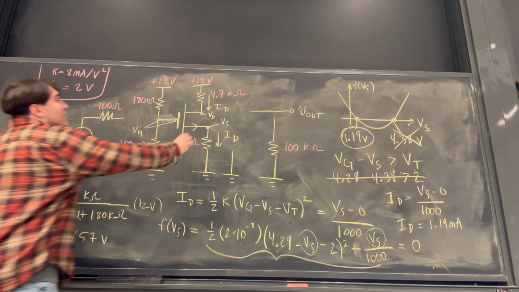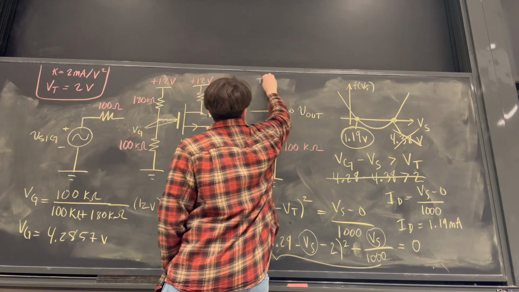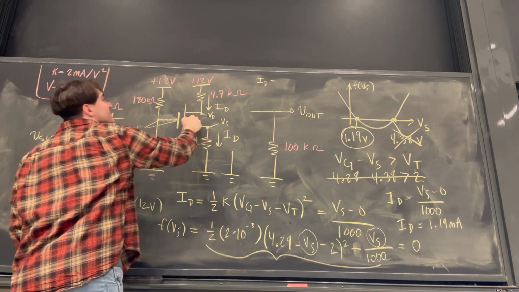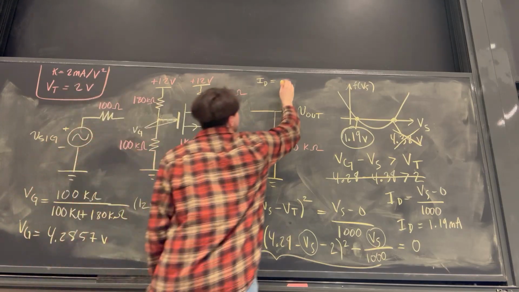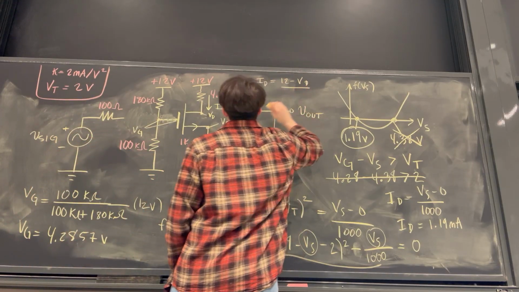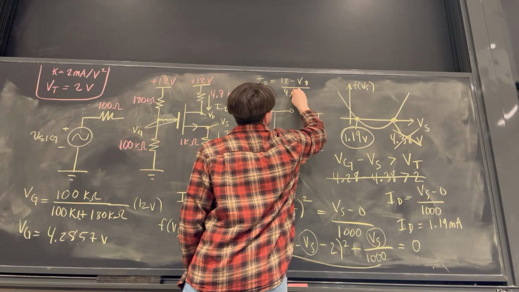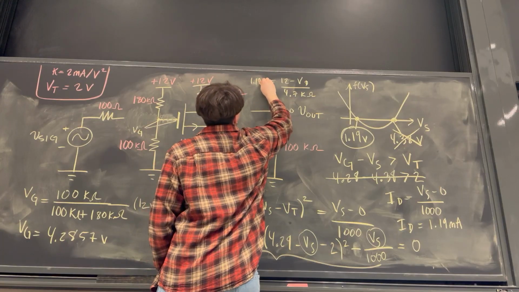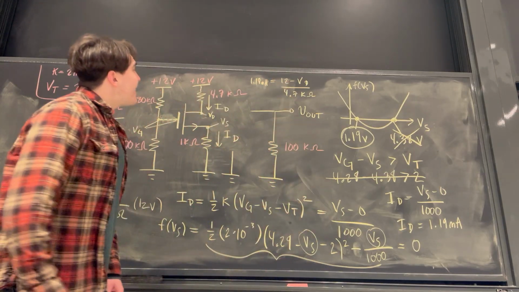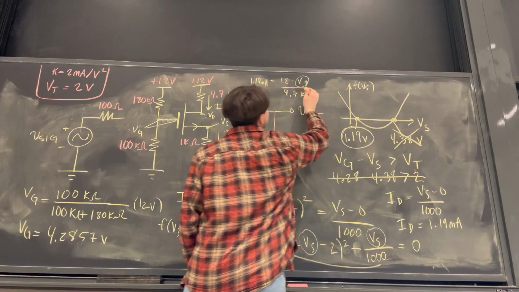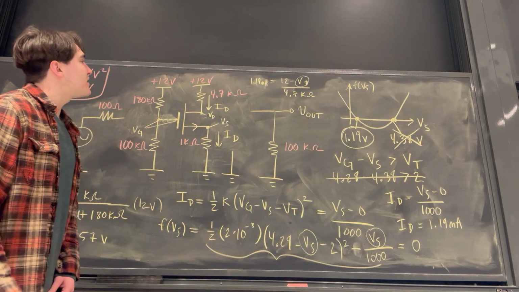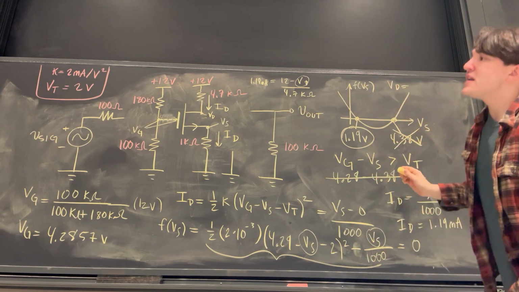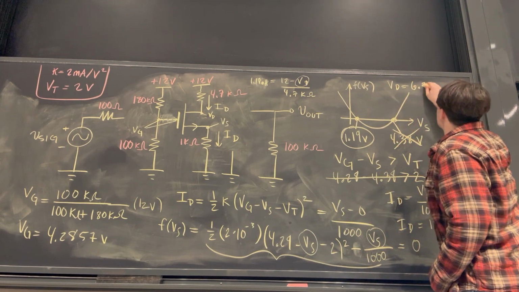The total current flowing through there, ID, has to equal the voltage difference across this resistor, which is 12 minus VD, divided by the total resistance, which is 4.7 kiloohms. And of course, we just found ID to be 1.19 milliamps. Therefore, we can just solve for VD in this simple, two-step equation. If we do that, we find that VD equals 6.39 volts.